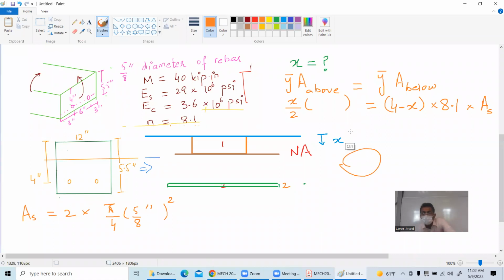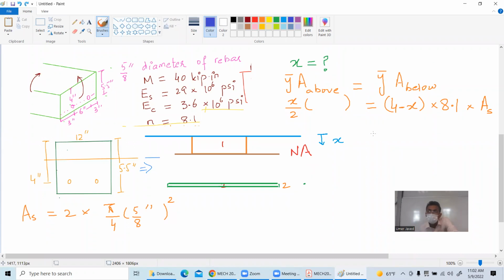And also equilibrium. Where we find this equilibrium, the y bar A above equals y bar A below. What we are saying is that the y dash of area above is equal to y dash of area below, and this will give us the neutral axis.